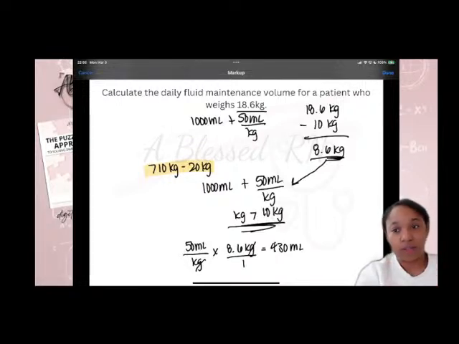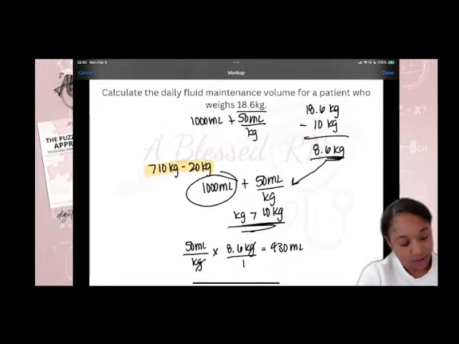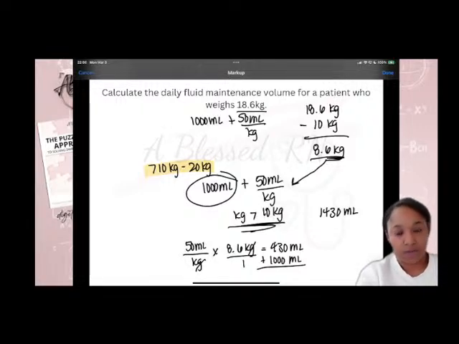So we have 430 from the formula. Then we have to add our 1,000, right? So the total will be 1,430 milliliters. And that is for 24 hours.